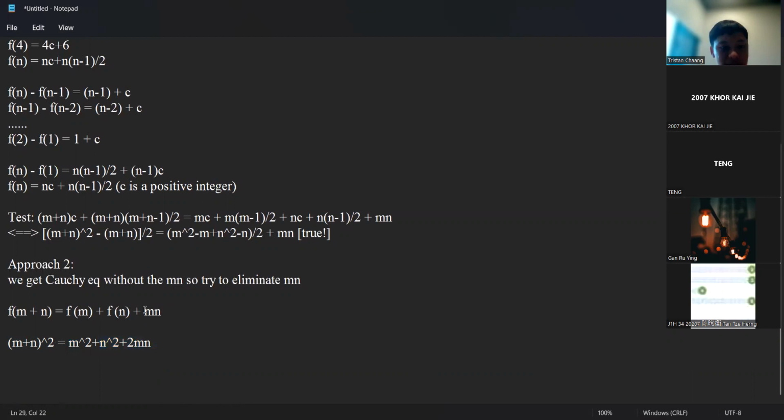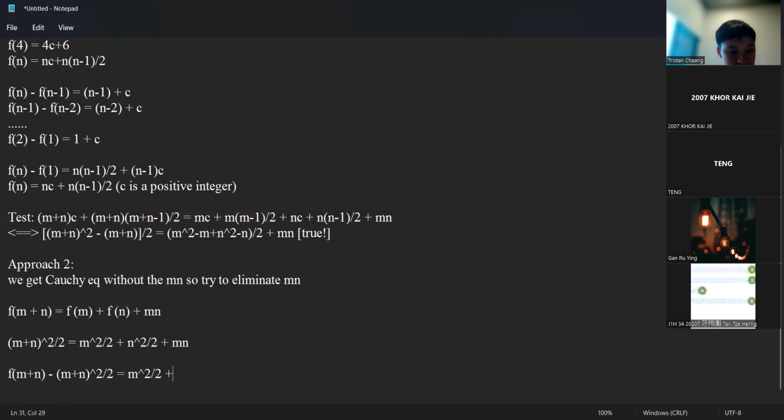That makes sense. But there's only one mn, so let's divide everything by 2. You get this. So if we subtract, we get this very nice relation.